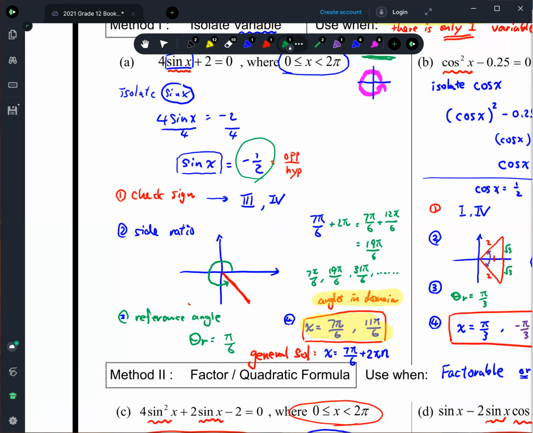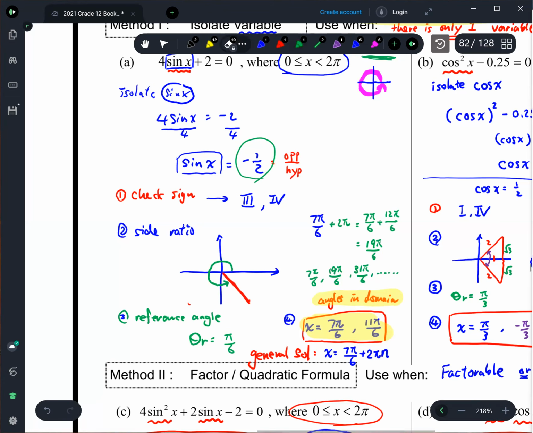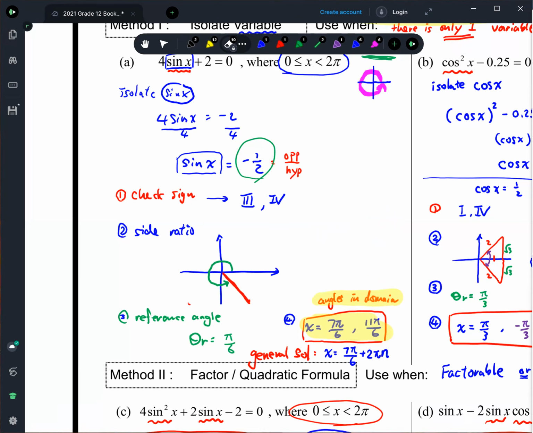Chris? 5 pi over 6. Can you say that one more time? You said 5 pi over 6? No, in the fourth quadrant. Oh, I'm not sure.